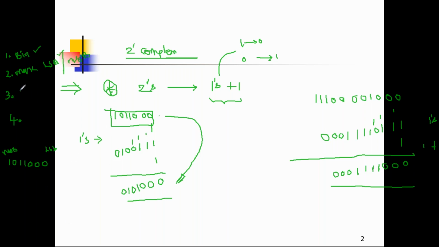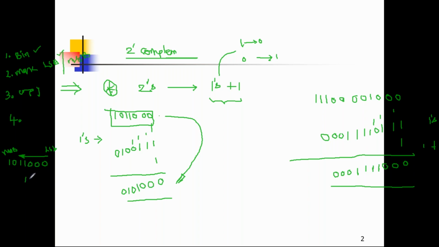Third step, copy as it is till the first 1 occurs. At the time of converting, tracing from LSB to MSB, we should look from here to here. Here is where the first 1 occurs.